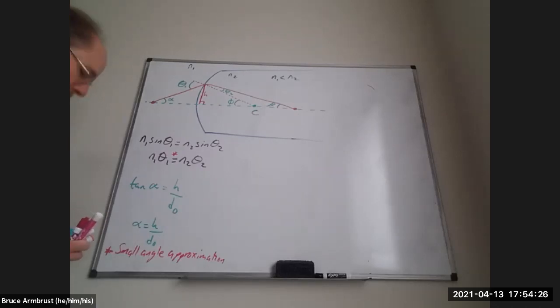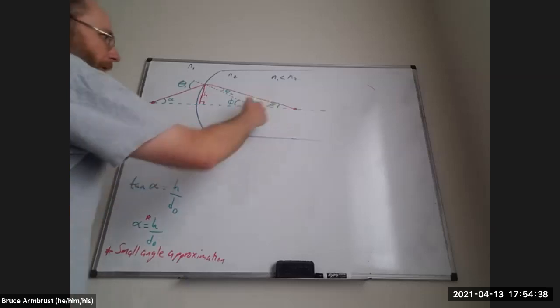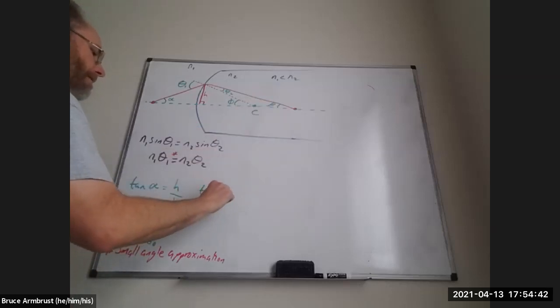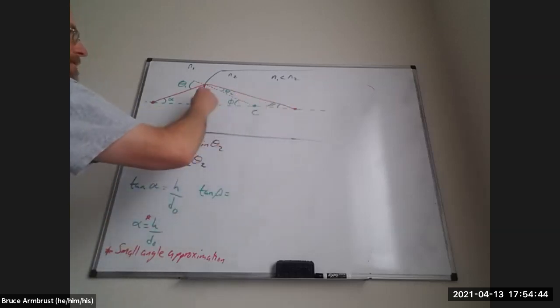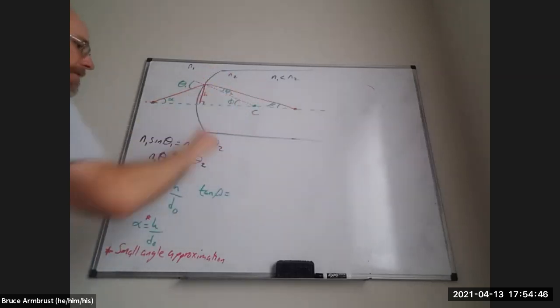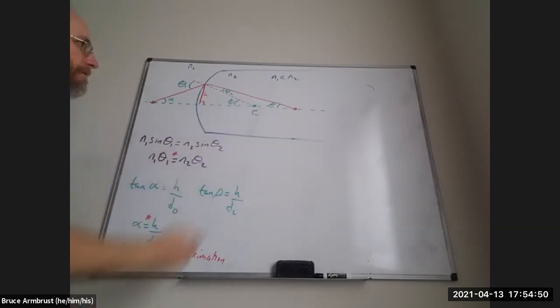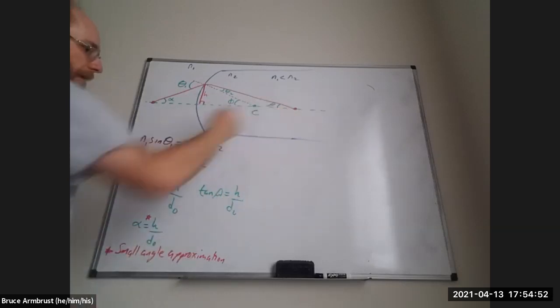Of course, the last pen I pull out of my pocket is the red one, but this was another small angle approximation. All right, let's do the same thing for beta. The tangent of beta, in this big triangle, is h over the image distance, the distance to this guy.